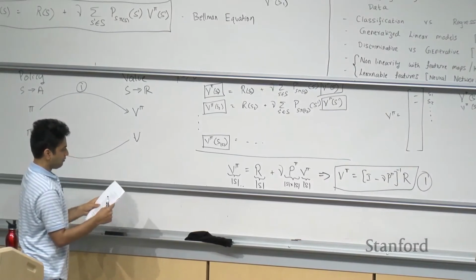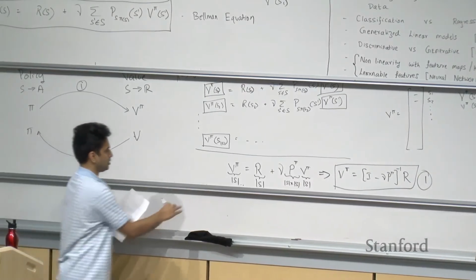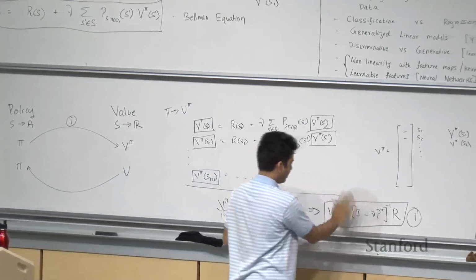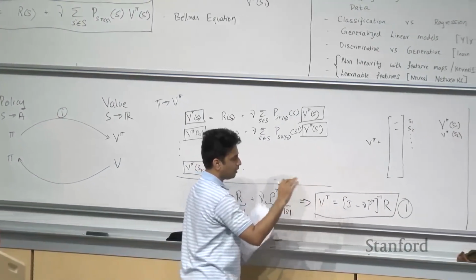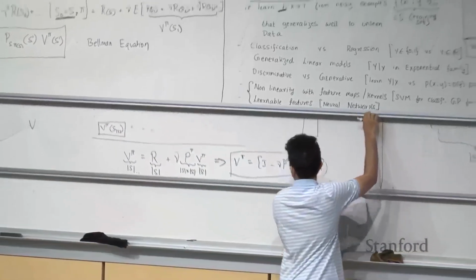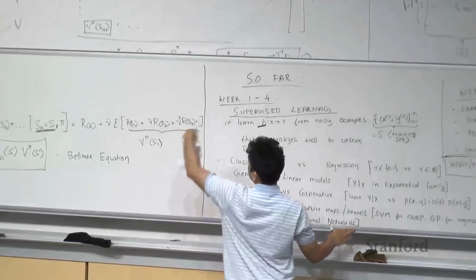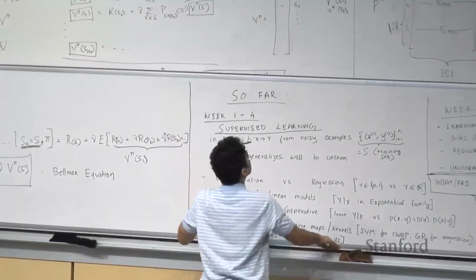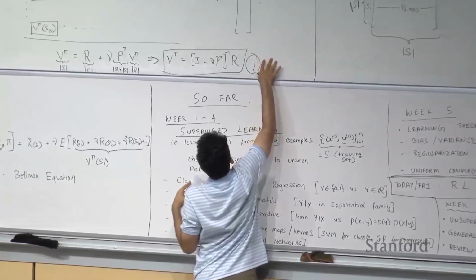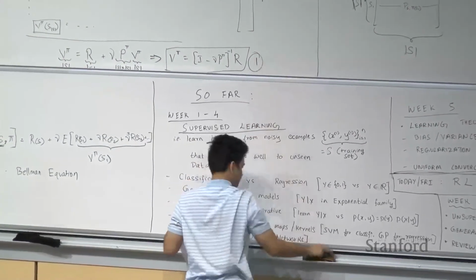So now we can also define what is called this. Recognizing the fact that, given a policy, we can construct the value function, let us move on to define something related. We'll come to the other arrow shortly. All right.